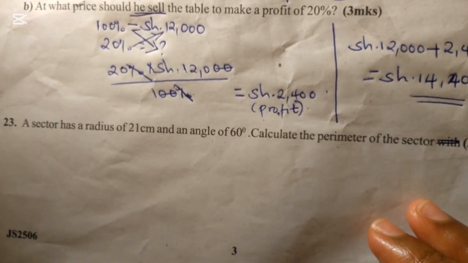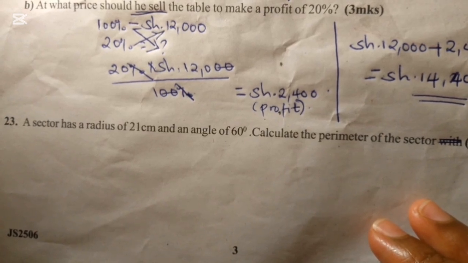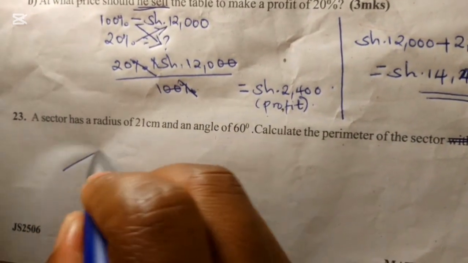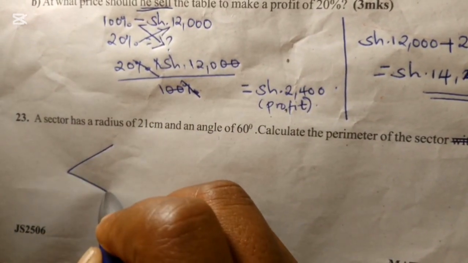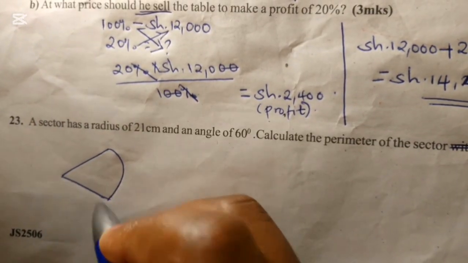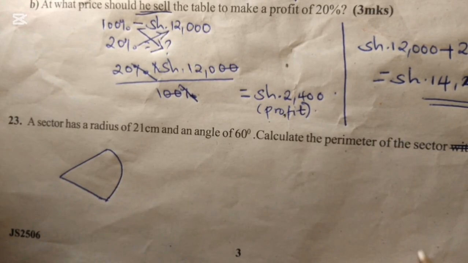So we have a sector, then we have the radius, and we are also given an angle between the radii. So we can come up with a sketch to show the sector. A sector looks like that, a certain fraction of a circle.